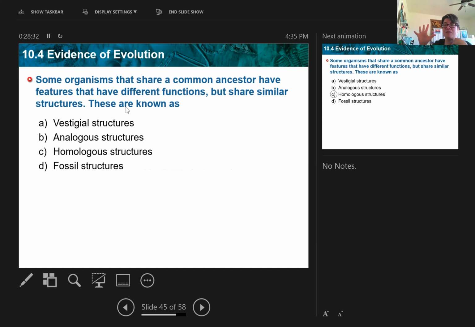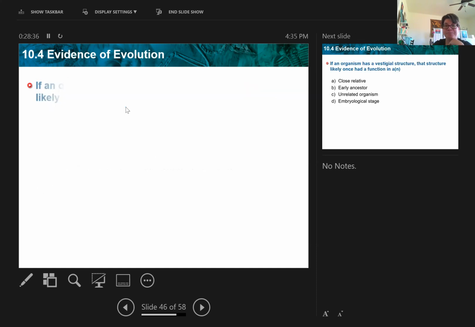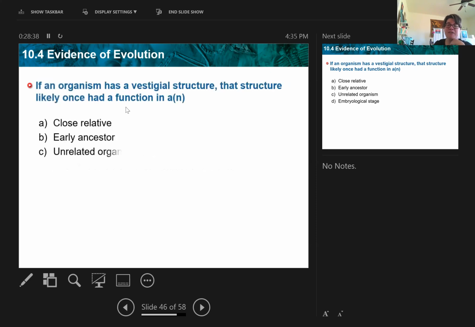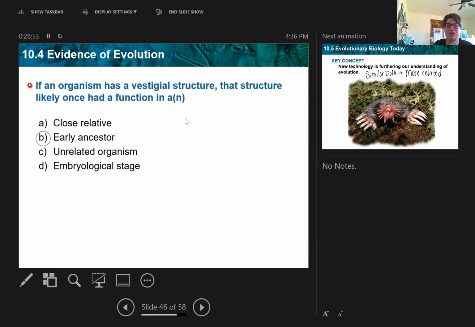The bones are just in a different shape. Those would be homologous structures. If an organism has a vestigial structure, that structure likely once had a function in what? So remember, a vestigial structure is one that we don't use anymore, like our appendix maybe, or snake hips, or ostrich wings. And so they had a function in an early ancestor, but not anymore.